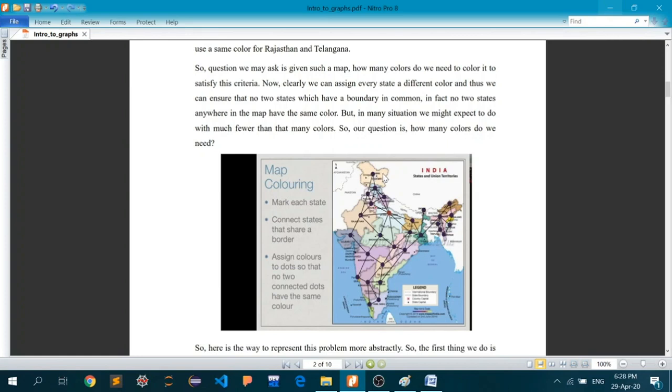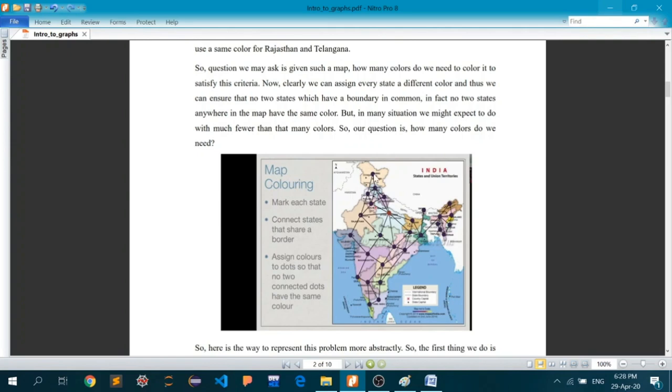Let's say in the case of the node which represents Jammu and Kashmir, the Punjab node, the Himachal Pradesh node and the Haryana node. Now you can see the nodes of Jammu and Kashmir, Chandigarh, Punjab and Himachal Pradesh are connected with each other because they share the same boundaries at some point or other.